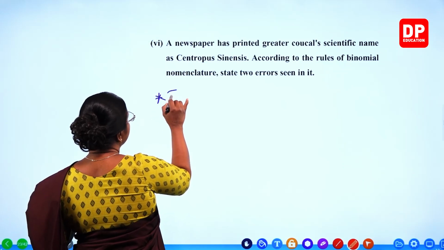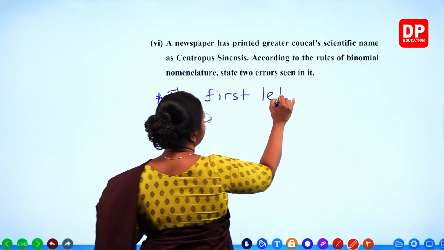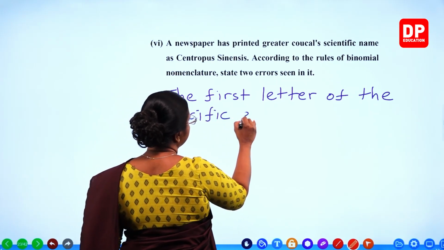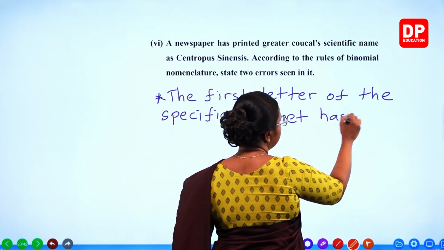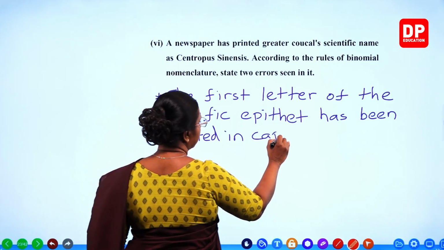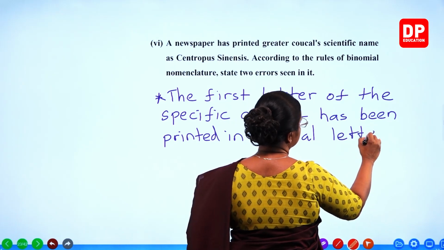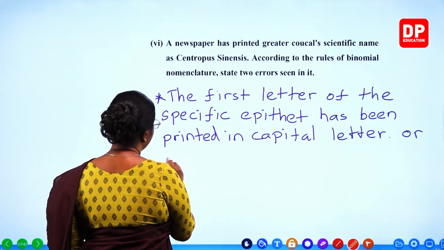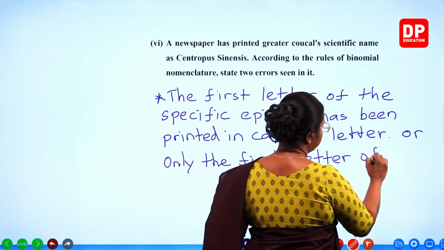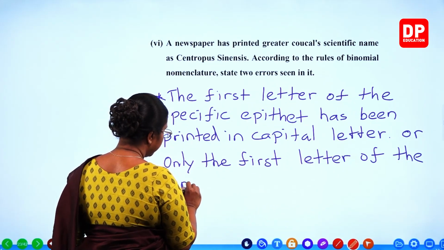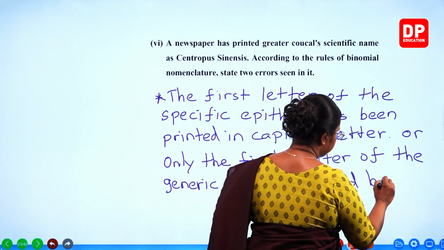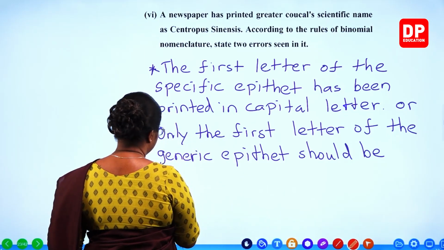So one thing we can say, the first letter of the specific epithet has been printed in capital, or we can say only the first letter of the generic epithet should be a capital letter.